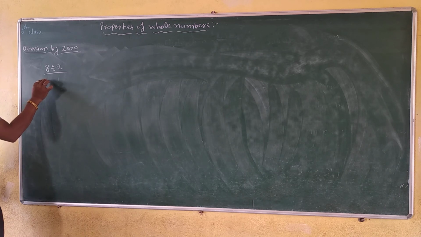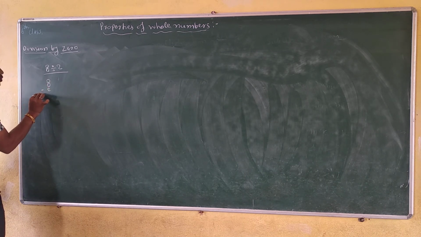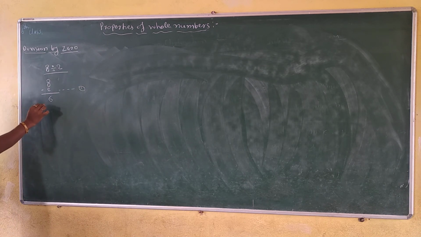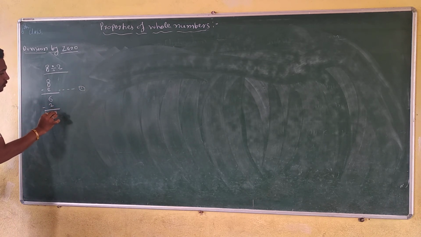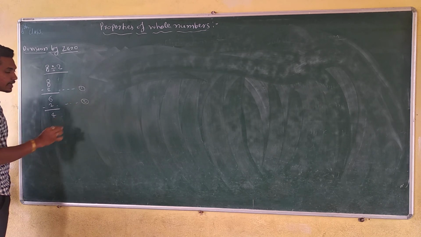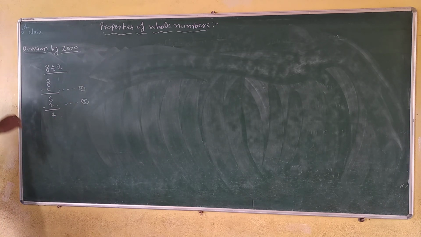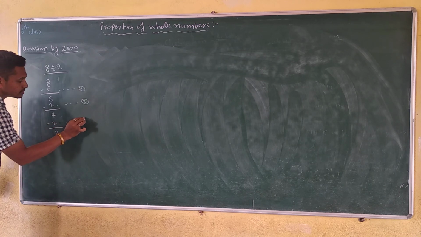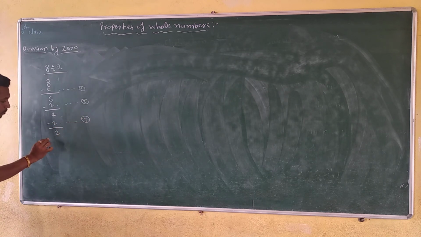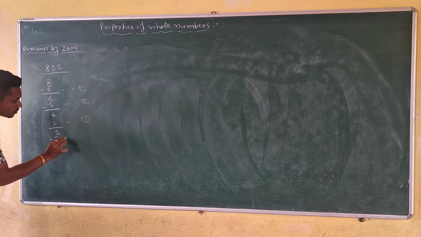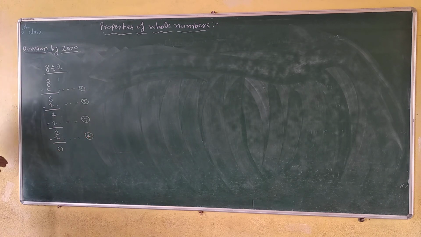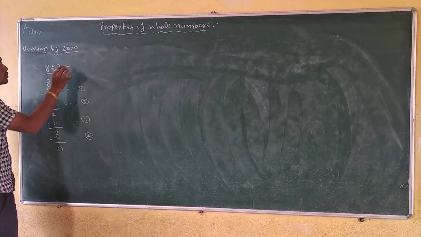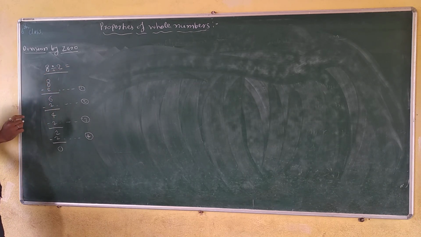See here, 8 minus 2 is 6, this is the first one, and 6 minus 2 is 4, this is the second one. Next, 4 minus 2 is 2, this is the third one, and 2 minus 2 is 0, this is the fourth one. So how many times do you subtract 2 from 8?